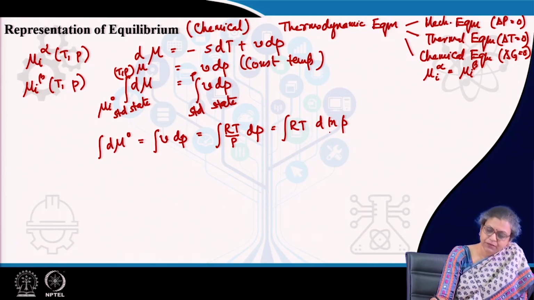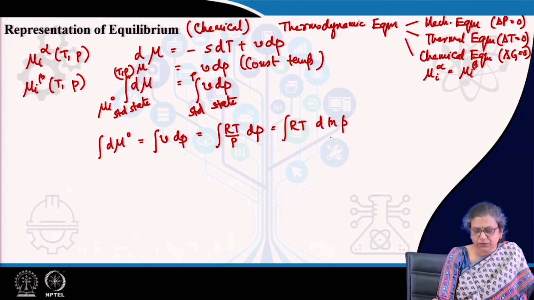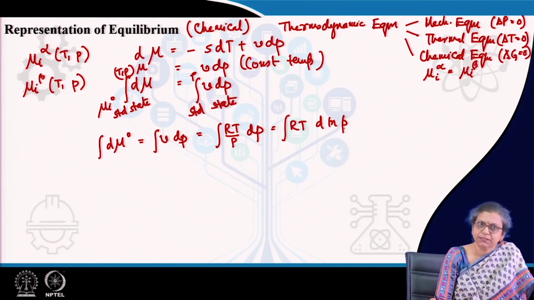From there it was felt, by a very famous scientist, G. N. Lewis, that why not retain this same expression for mu for any substance other than the ideal gas, merely by replacing P with F, keeping in mind that F becomes equal to P when the substance behaves as an ideal gas.